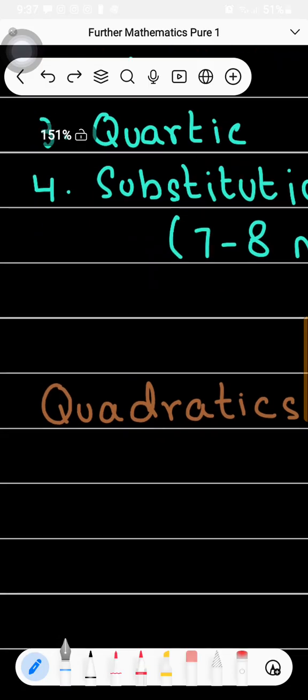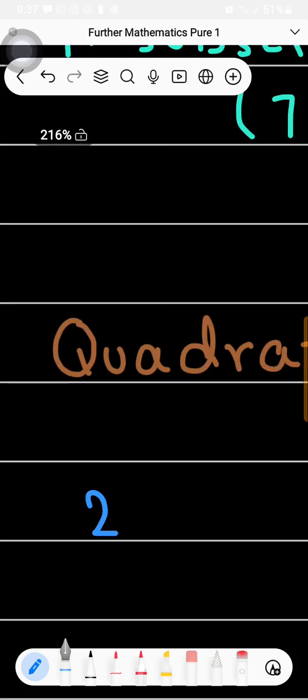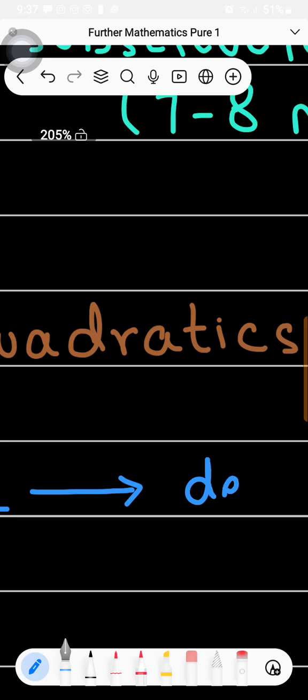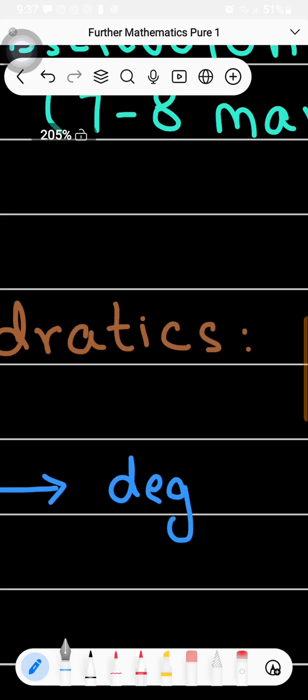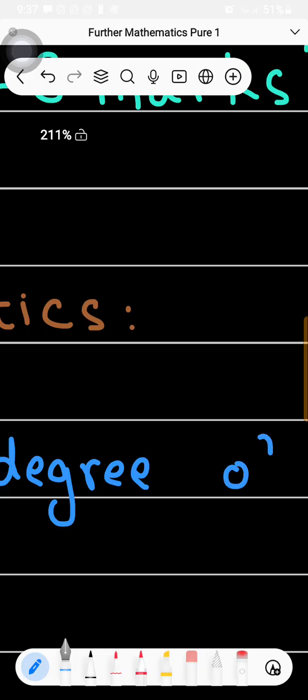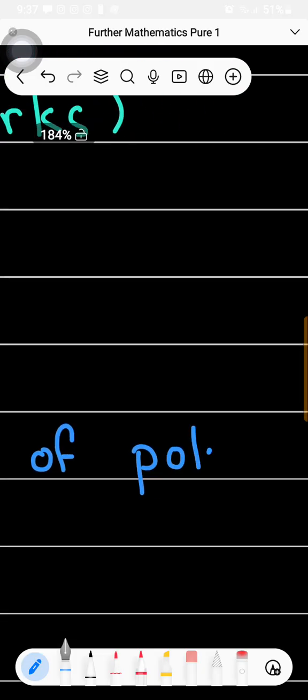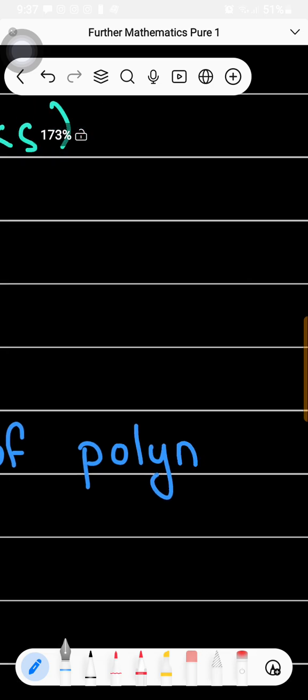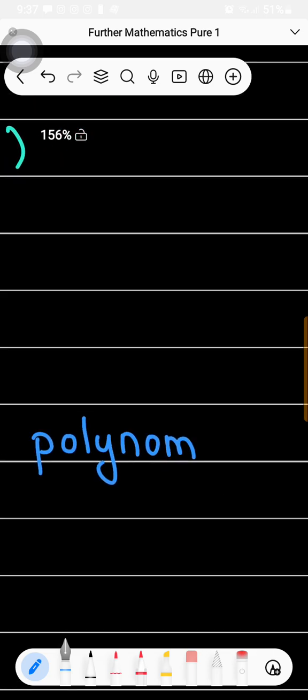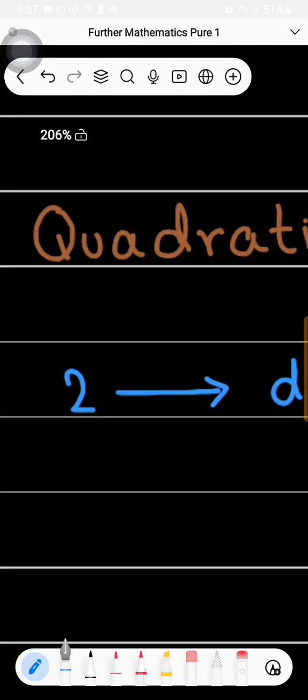Where the degree of polynomial is 2. Let me show its general structure.